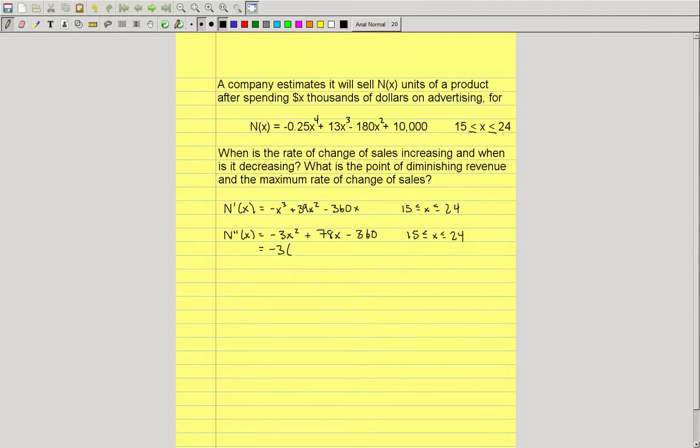We can take out a factor of 3 from everything, which leaves us with x squared minus 26x plus 120. And continuing factoring a little bit more, we see that we have x minus 6 and x minus 20 as the factors of the polynomial x squared minus 26x plus 120.